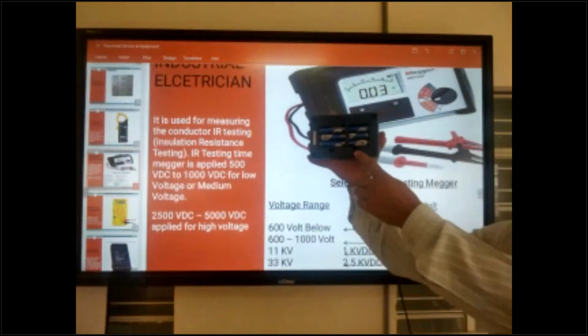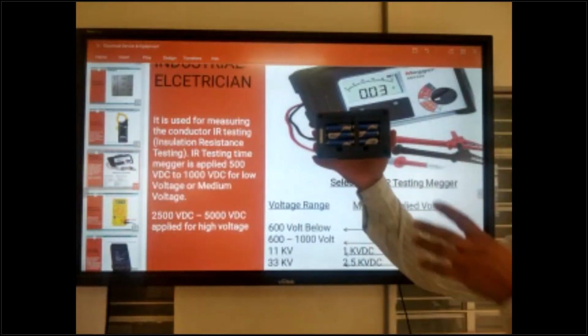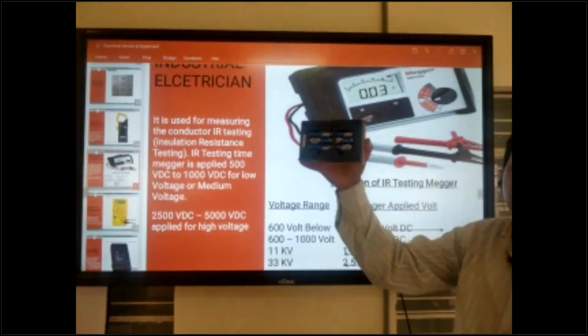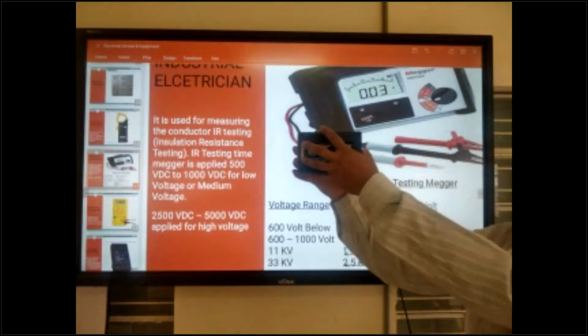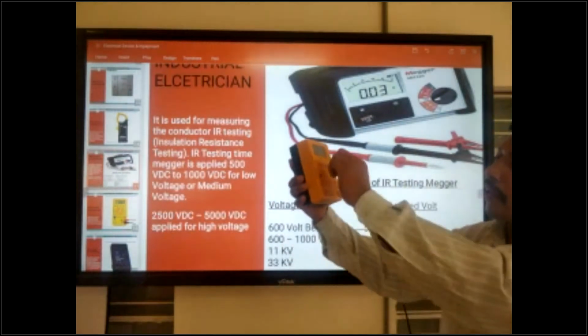You see that it is using batteries. So the megger gives DC volt. Six batteries are used here. The megger gives DC, and we have the measuring system here.